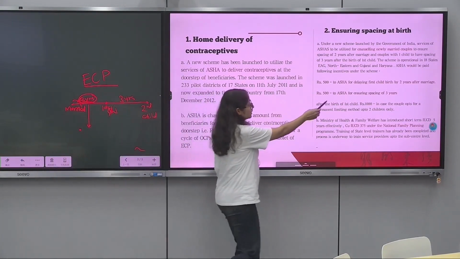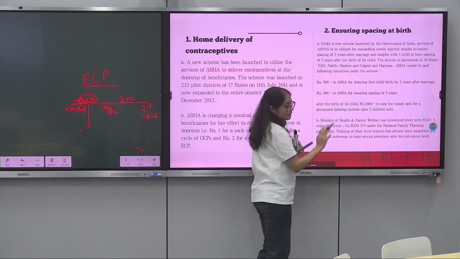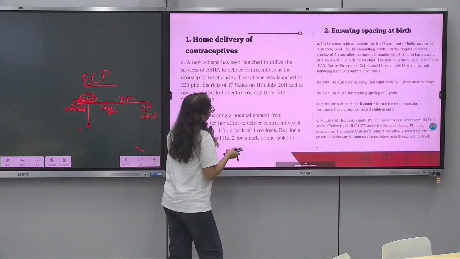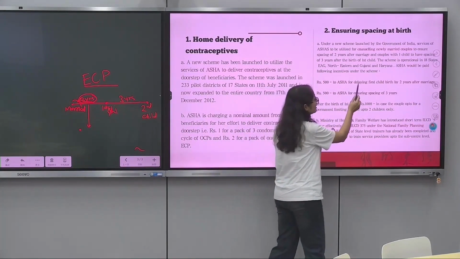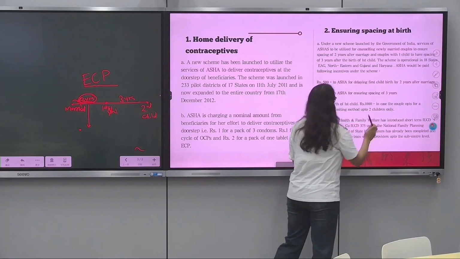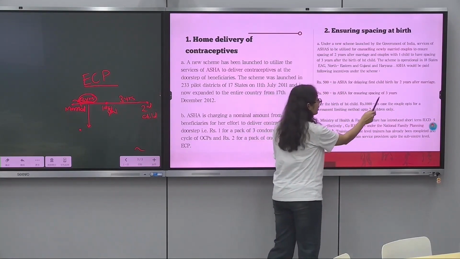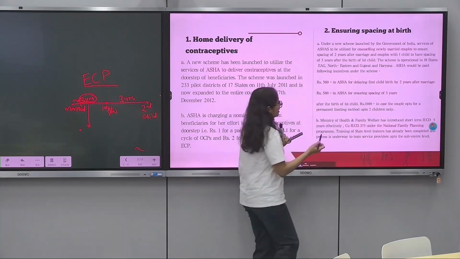So here also the ASHA workers will be the ones doing the counseling. They are paid 500 rupees for delaying the first child until after 2 years of marriage, and they will get 500 rupees if they ensure a spacing of 3 years for the second child.